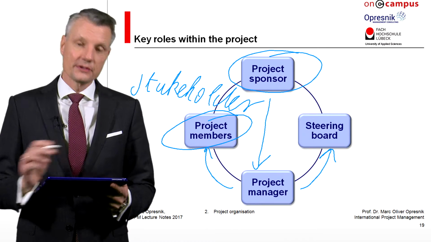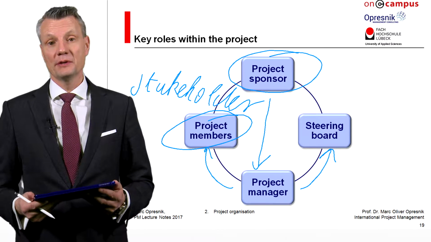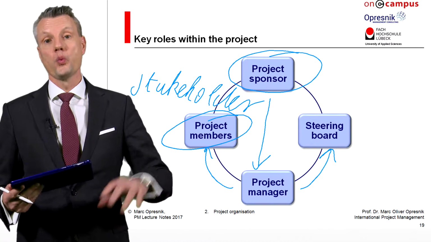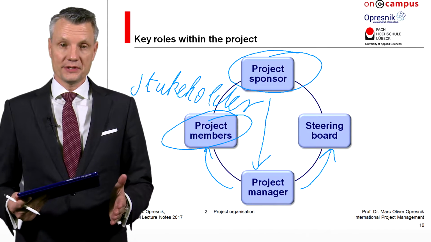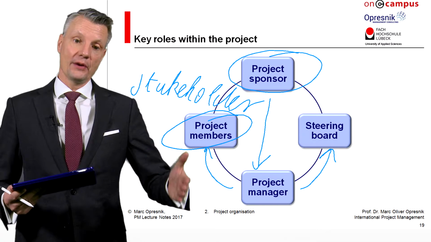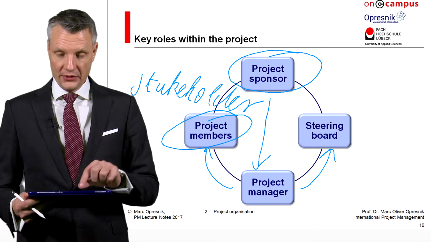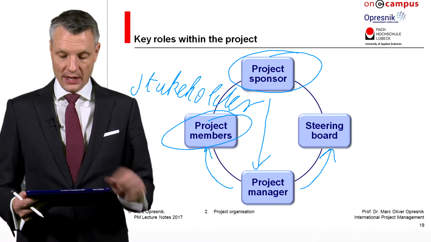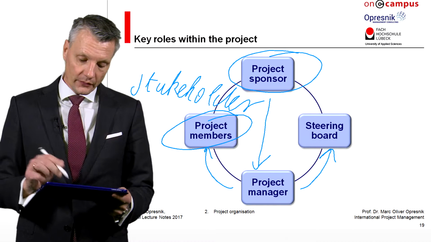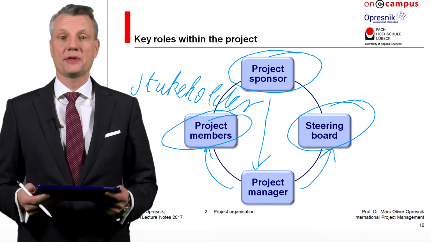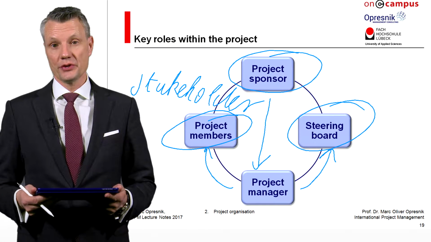Project members are the people usually coming from the different kinds of departments, working in their lines of businesses, and in parallel they're working on the project. And they are motivated and guided by the project manager. The steering board is something like an advisory board to the project.